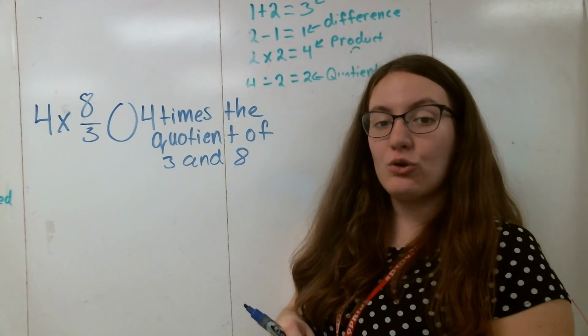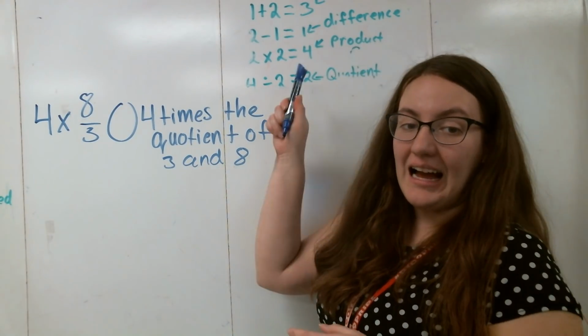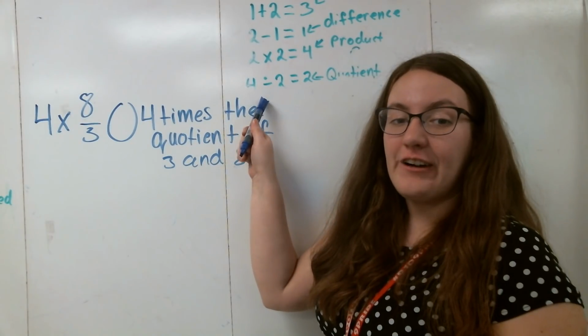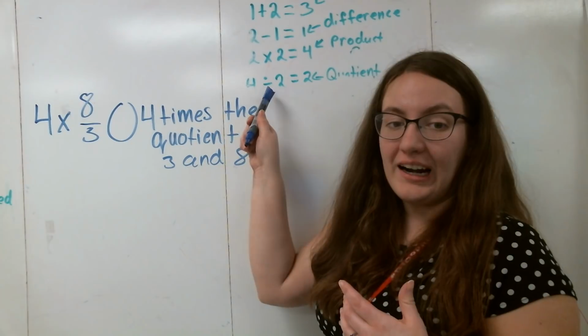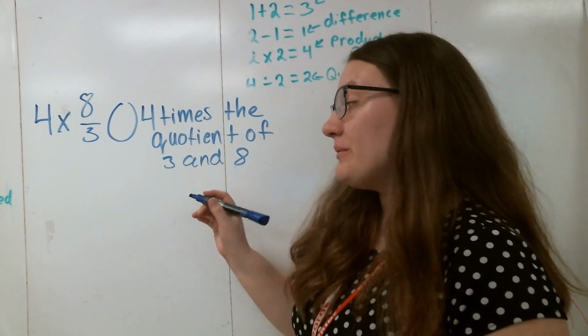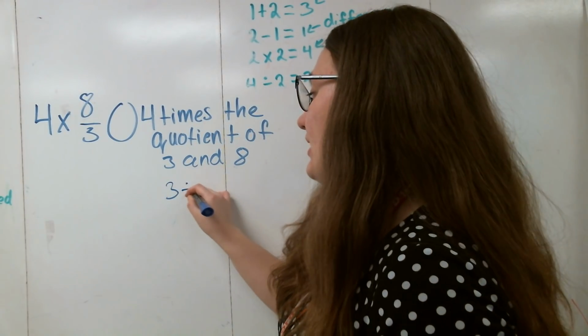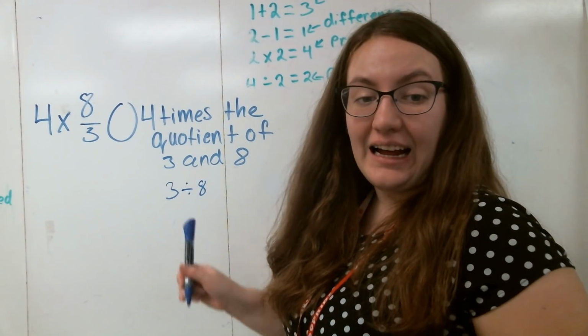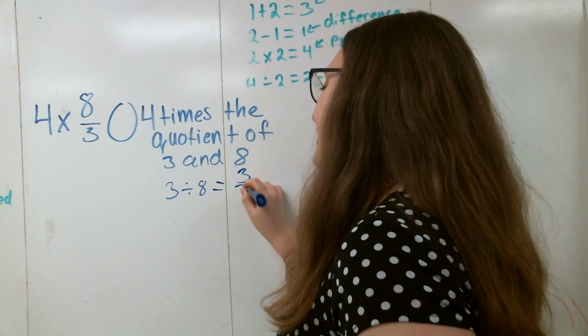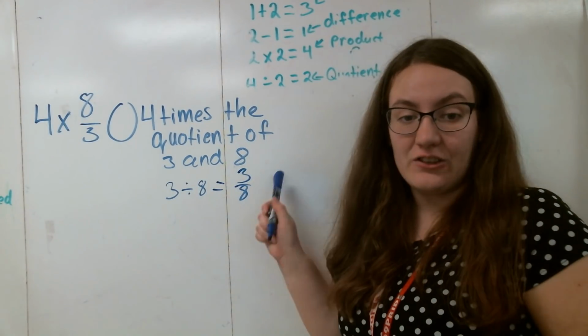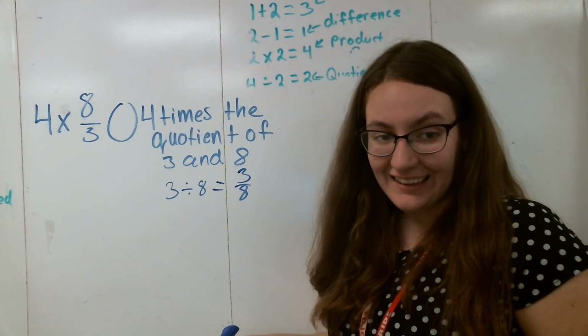And when we say the quotient of 3 and 8, that means I am doing 3 divided by 8. Because if I were to find the quotient of 4 and 2, that means I'm just setting up a division problem. So the quotient of 3 and 8, I could also write as a fraction, 3/8.